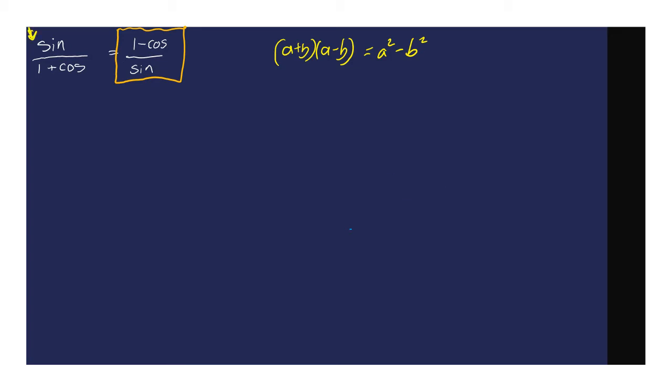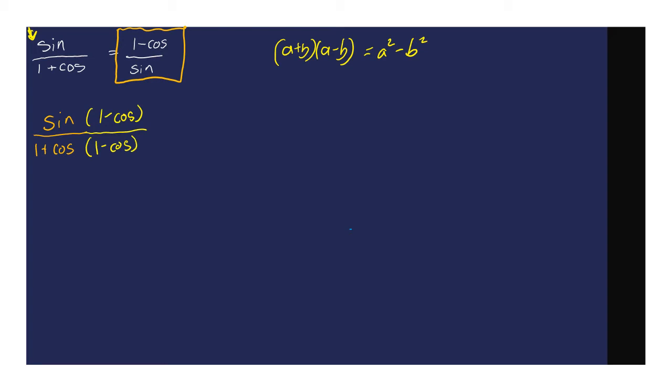So let's get going. We've got sine over 1 plus cosine. And to simplify, we're going to multiply top and bottom by 1 minus cosine. Okay, so 1 minus cosine.